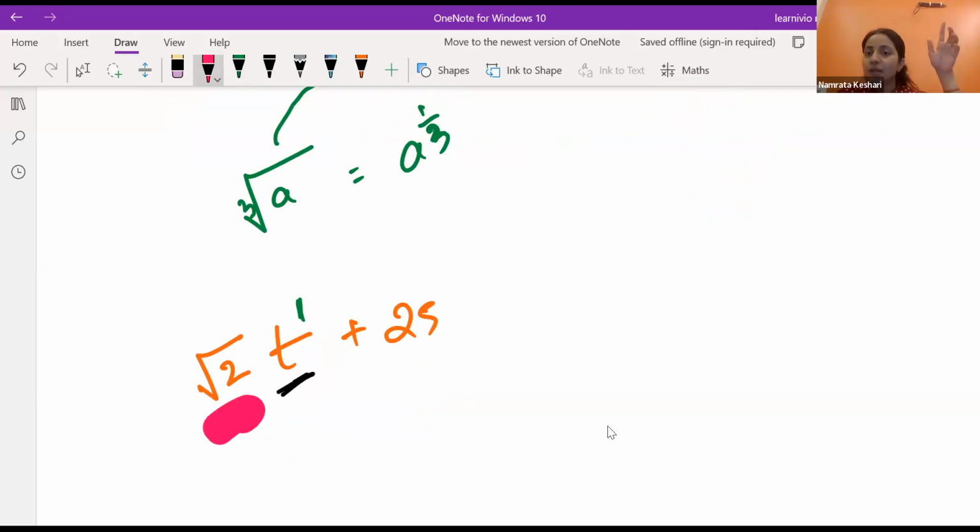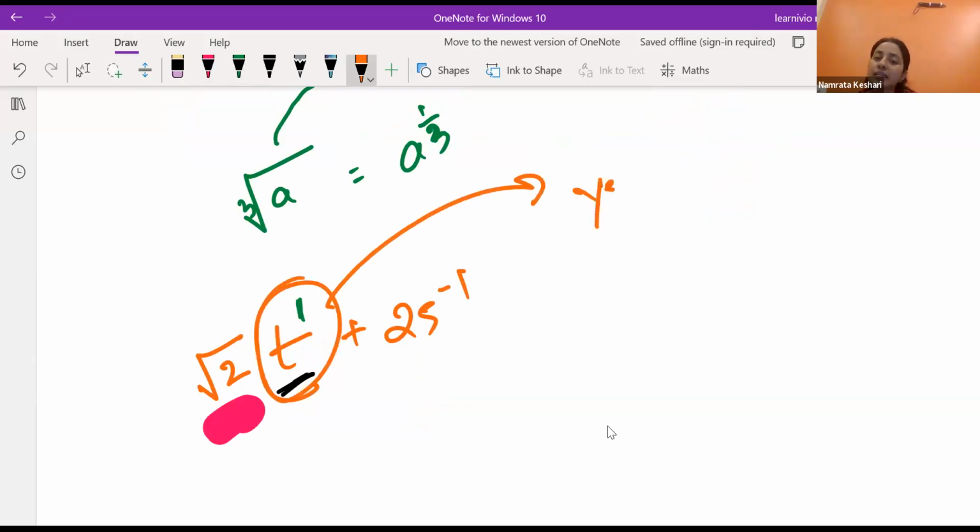In the first example, 2 or 3 or this 25 can have any power, and we are not going to check that. If this t is fine for us, we declare that yes, it is polynomial. So far, any confusion? No.